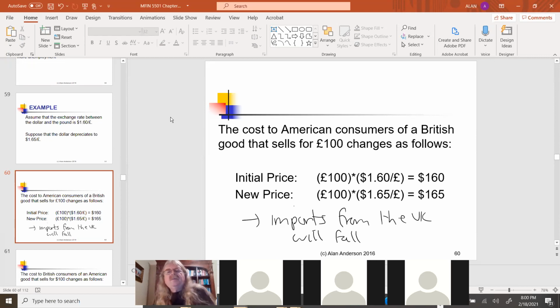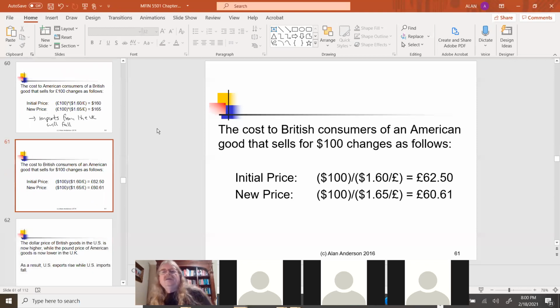Whatever this item is, people might switch to an American product because it's now more expensive in terms of dollars, whereas American prices haven't changed. All right, so in England, a good that sells for $100 in the US has gotten cheaper.